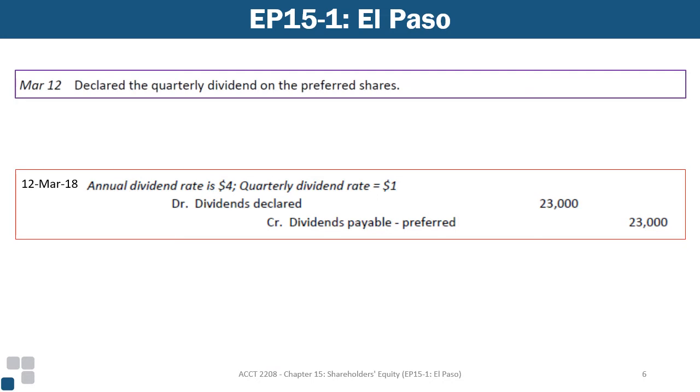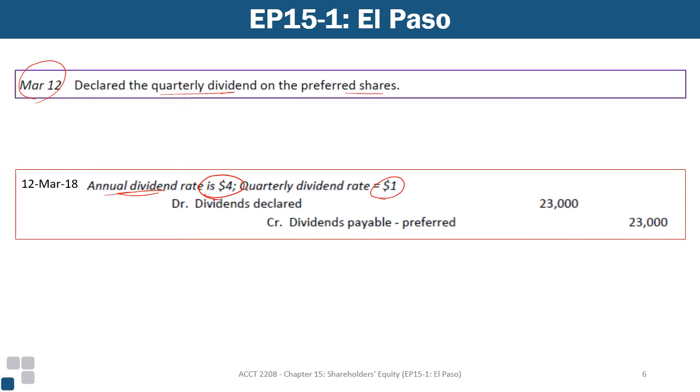The next transaction here is a fairly simple one. On March 12th, the company declared a quarterly preferred share dividend. As stated in the data, the dividend rate is $4, and that's annual. And so if it pays quarterly, we have to take that and divide by 4 to give us $1. The question is, how many preferred shares?